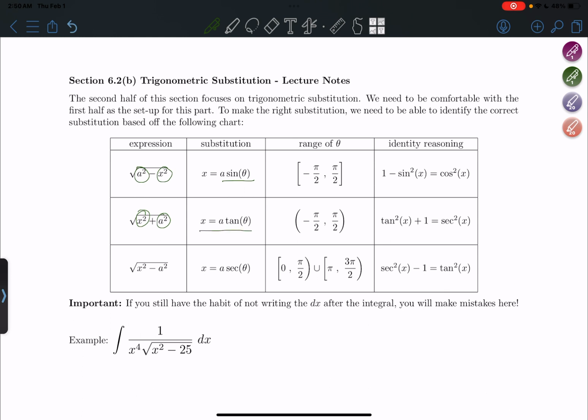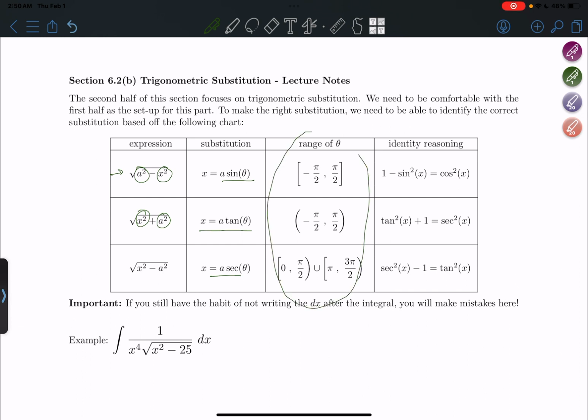We use tangent. Function squared minus number squared, which is the opposite of the first one, requires secant. Okay, so again, number squared minus function squared, we use sine. Function squared plus number squared, we use tangent. Function squared minus constant squared, we use secant.